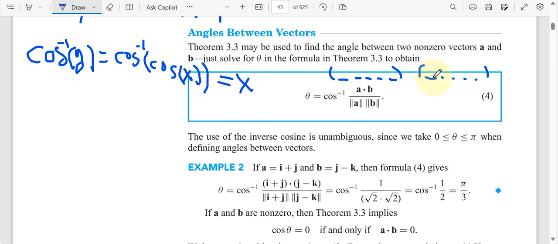But what we can do is use this formula, which was developed in R3 or R2, and say that all of these operations work whether the vectors are in R2, R3, or R10, or whatever. So we have a formula for the angle between vectors in any dimensional space. As I said, it doesn't exactly make sense to talk about angles, but we can use this formula for what we mean by angles in R10 or R20.